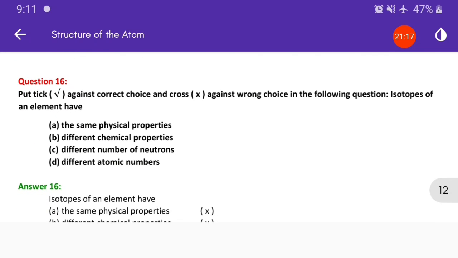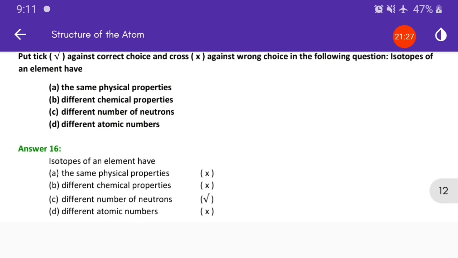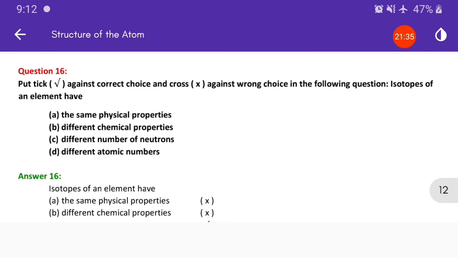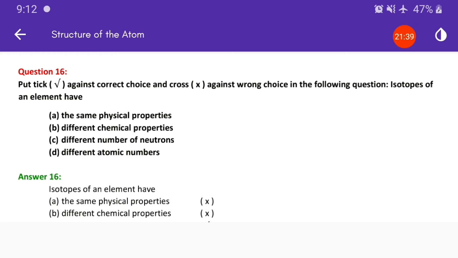Second, these are MCQ type questions. Isotopes of an element have different numbers of neutrons. That is the answer.